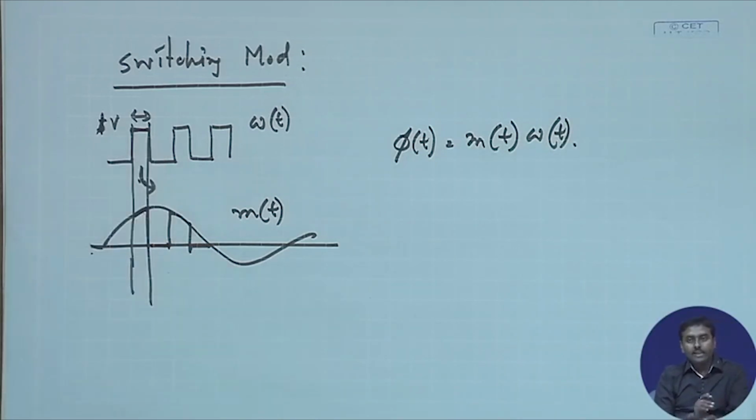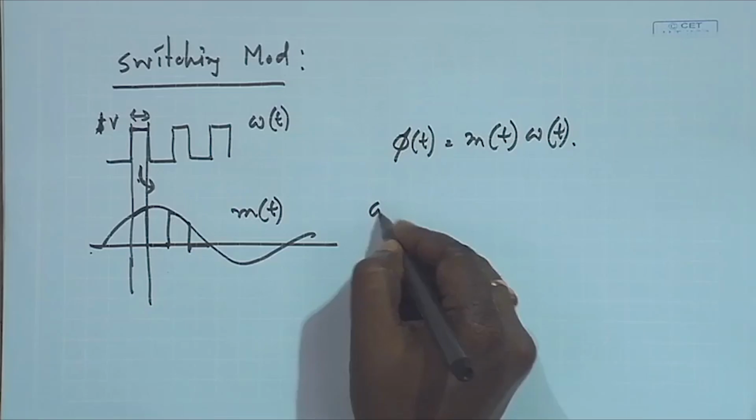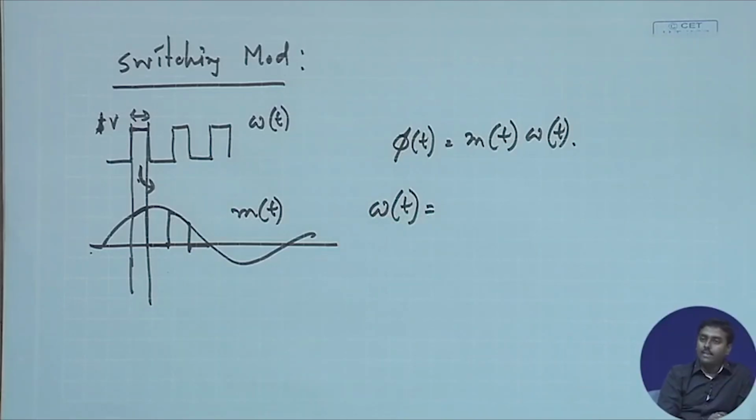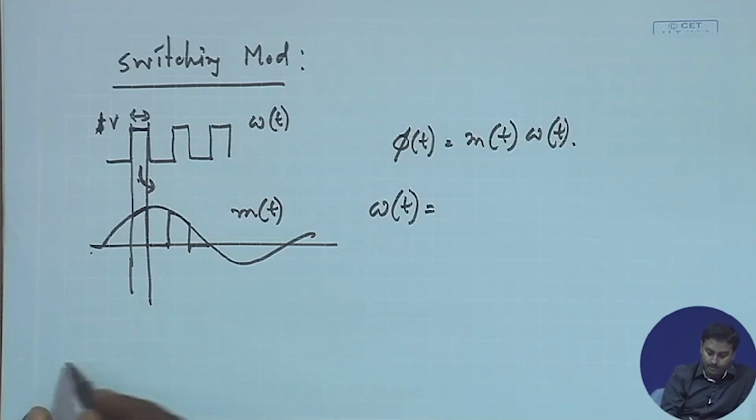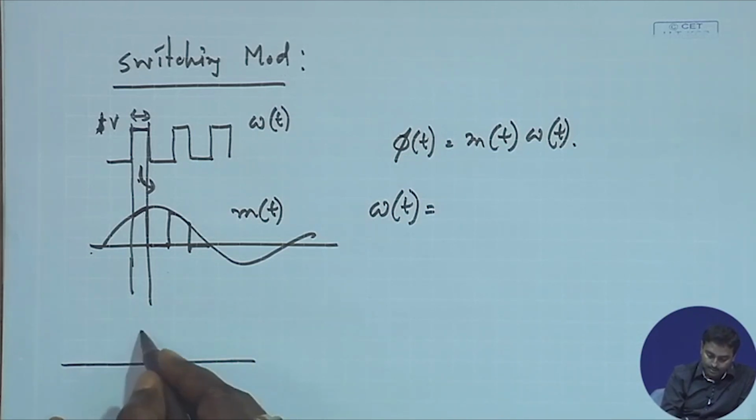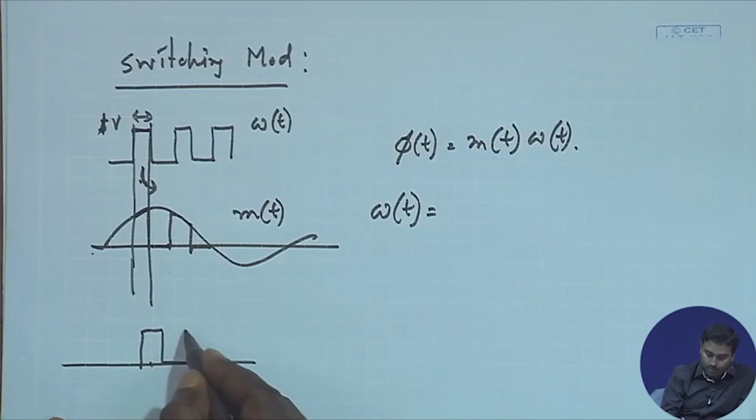But w(t), if you carefully see, is a periodic signal, so I can do a Fourier series analysis. This is where all those techniques that we have used will actually be used. So w(t), I can expand in Fourier series, which we have already done probably.